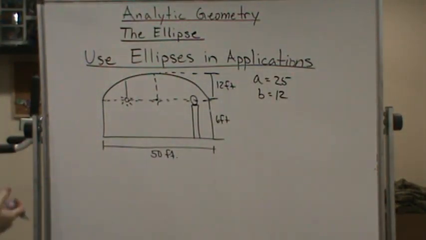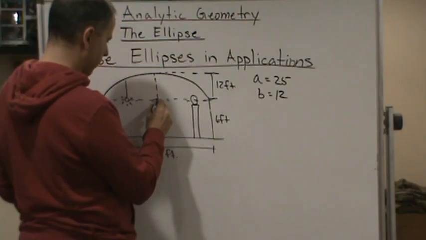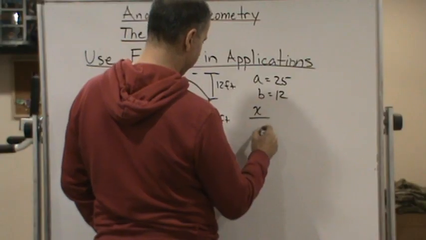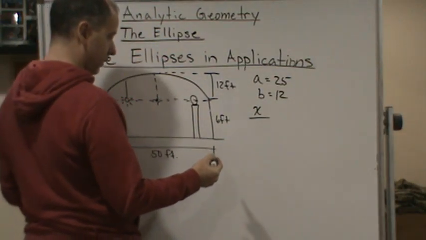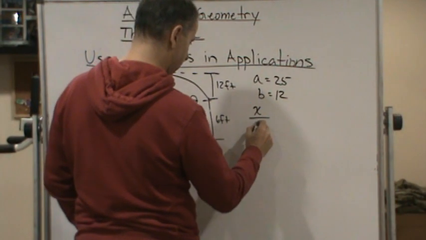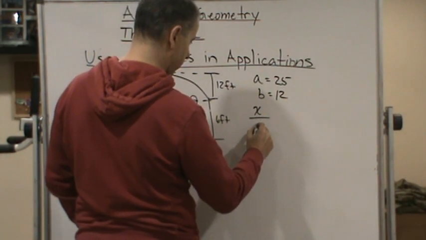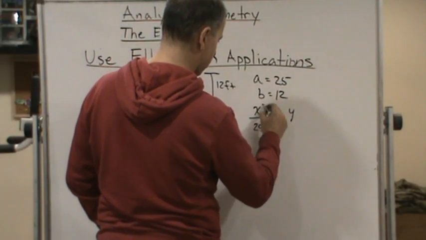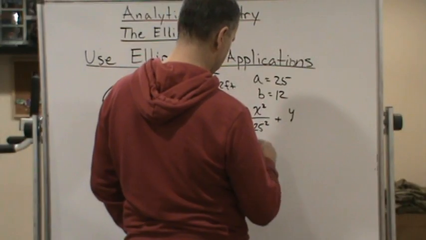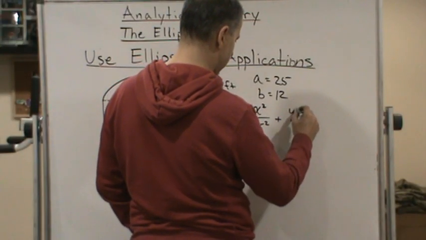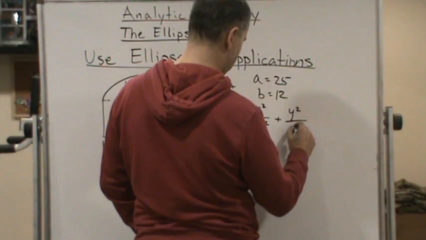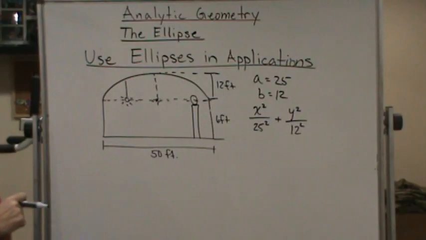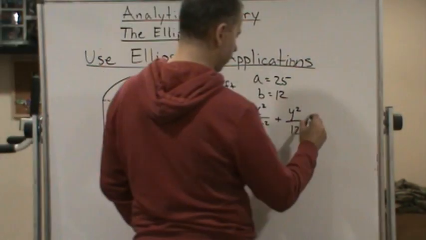And so if we're going to write this and we're going to assume that this is the origin, 0, 0, then our equation for the ellipse is going to be x squared over 25 squared plus y squared over 12 squared, and that will equal 1.